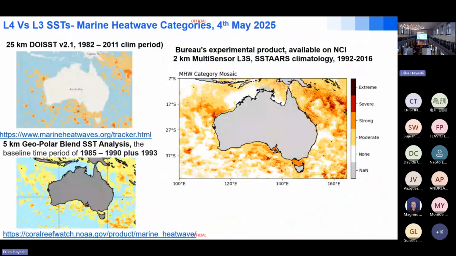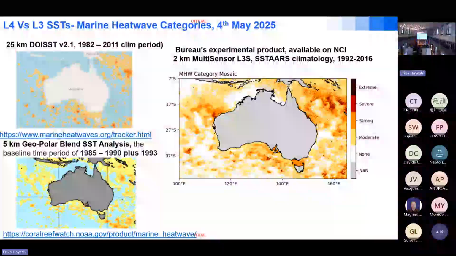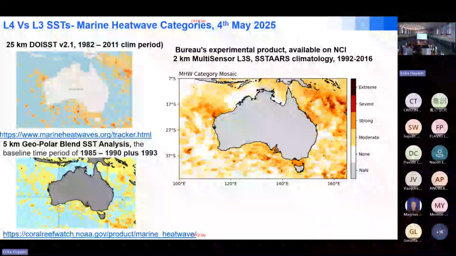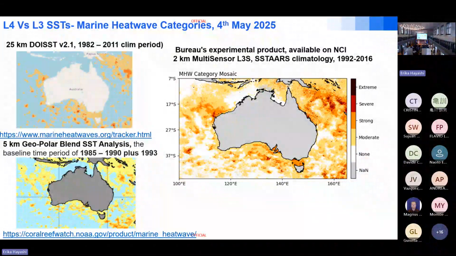And this is my last thing. It's showing the comparison between the level 4 product and the level 3 product. The left-hand side is the marine heatwave tracker that uses the DUA SST 25 kilometer product, and the lower panel is Coral Reef Watch.